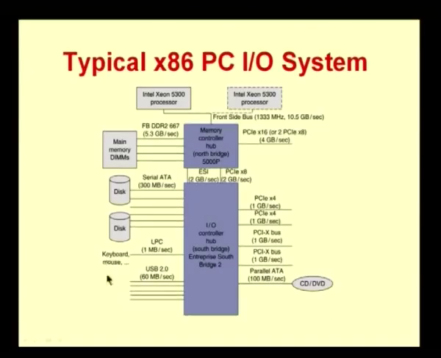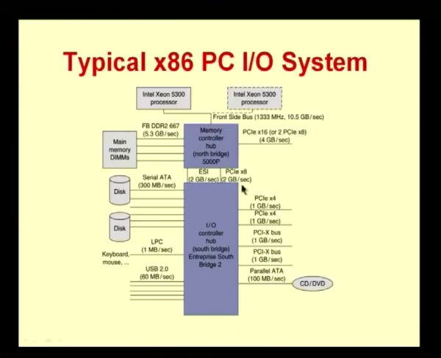Now, this is what a typical system, an x86 based PC system, would look like with respect to the IO system. You can see you have the processor here, and you will have a memory controller hub, normally called the north bridge, to which the memory will be connected.